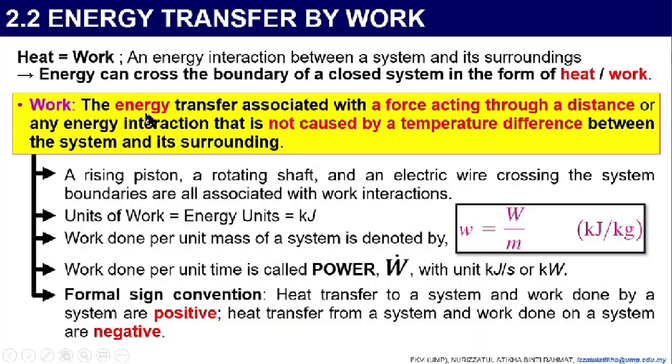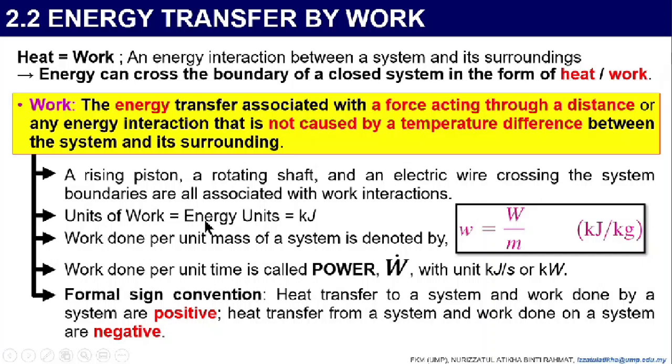Work is the energy transfer associated with a force acting through a distance, or any energy interaction that is not caused by a temperature difference between the system and its surroundings. So it's a little bit different from heat, whose definition we just saw. For example, a rising piston, a rotating shaft, and an electric wire crossing the system boundaries are all associated with work interactions.